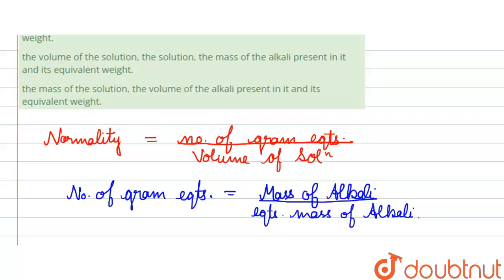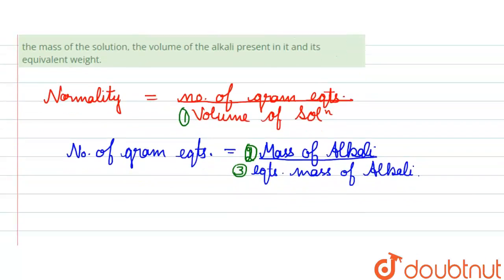So if we want to know the concentration in terms of normality, what do we need? First of all, we will need the volume of the solution, and secondly, for the number of gram equivalents, we need the mass of alkali, and third is the equivalent mass of alkali.